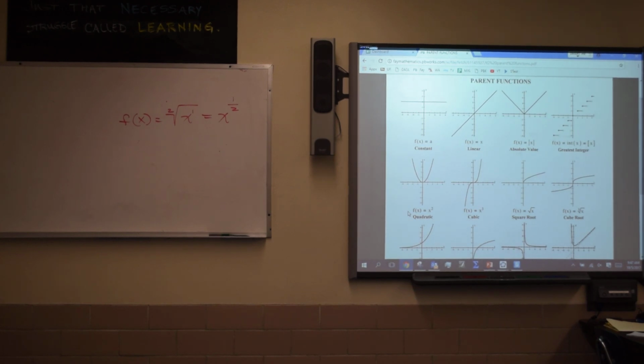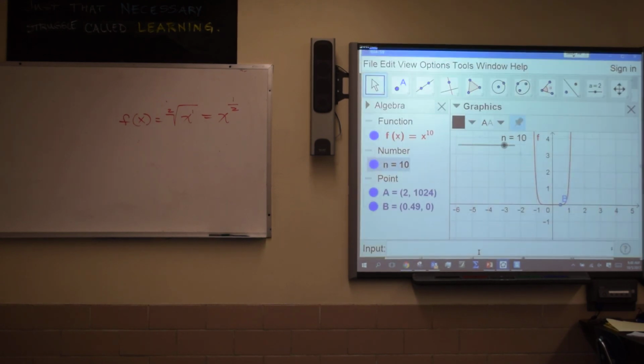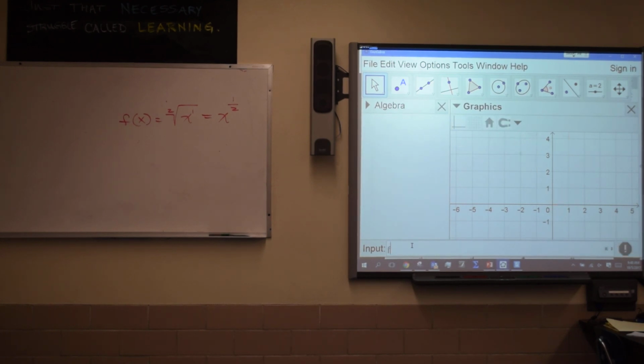When we graph those, we have to think about our domains because there are some values for x that we cannot take square roots of, right? What values can we not take square roots of? Negative numbers.